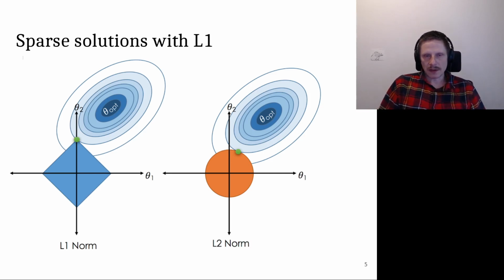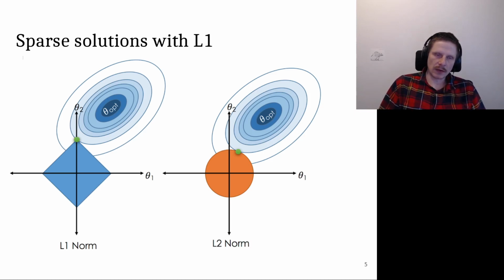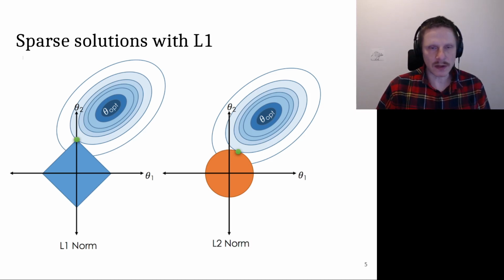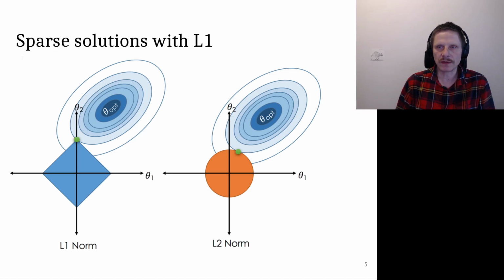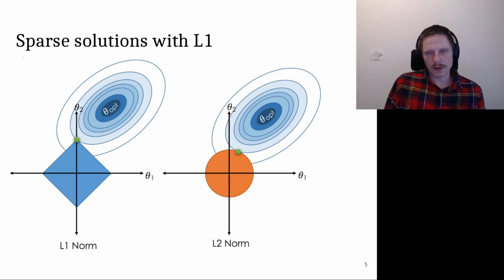And this orange circle and the blue square correspond to regions of this weight space which are within some particular norm, let's say the unit norm.